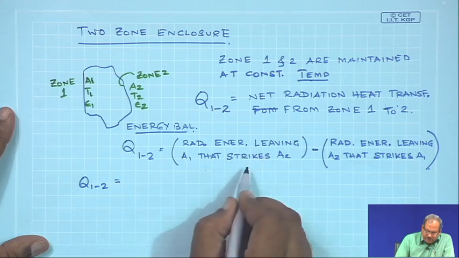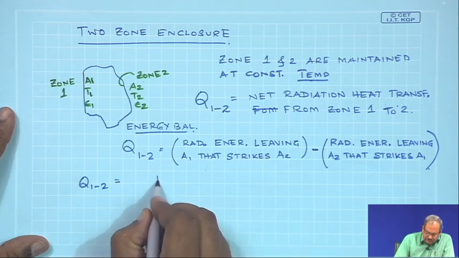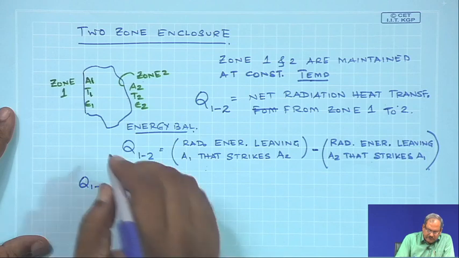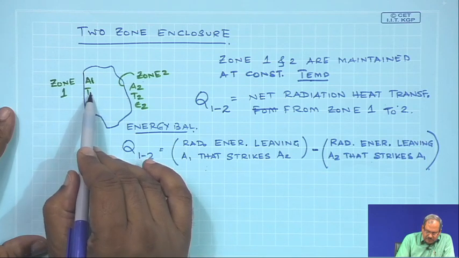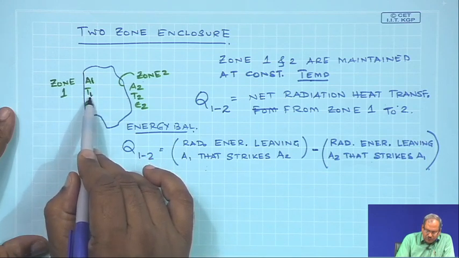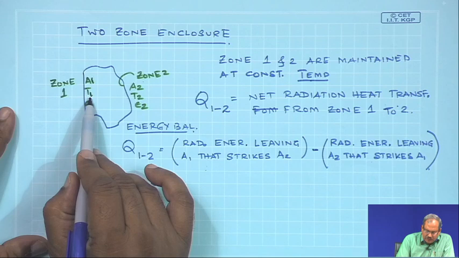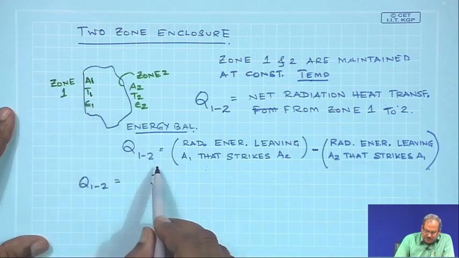So, what is the radiation energy leaving A 1? This is the radiosity, because radiosity is the potential of zone 1 which is seen by an observer standing just outside of A 1. Therefore, the radiation energy which is coming out of surface 1 must be equal to J 1.